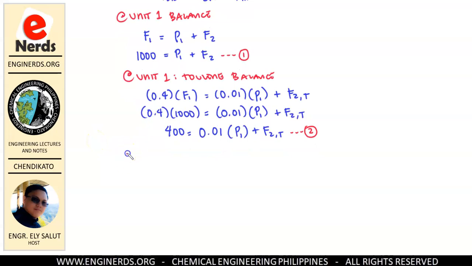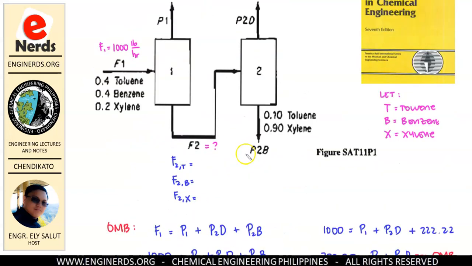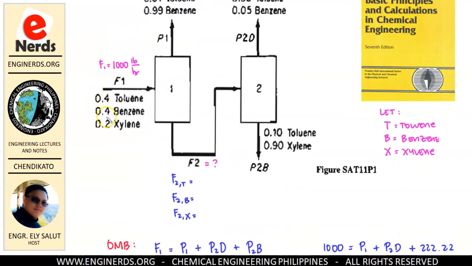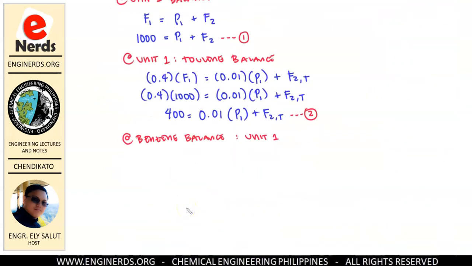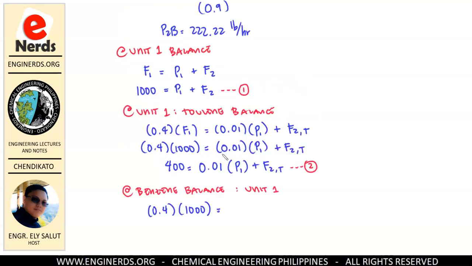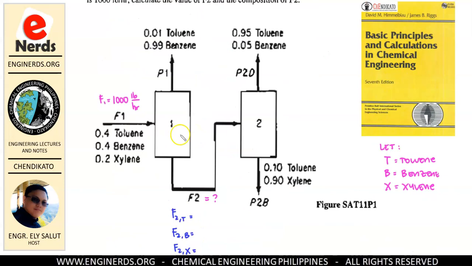Next is to conduct a benzene balance dito sa ating unit 1. Alright, so how much benzene do we have in our F1? We have 0.4. So, we have 0.4 of our F1, which is 1,000, is equal to how much benzene do we have in P1?